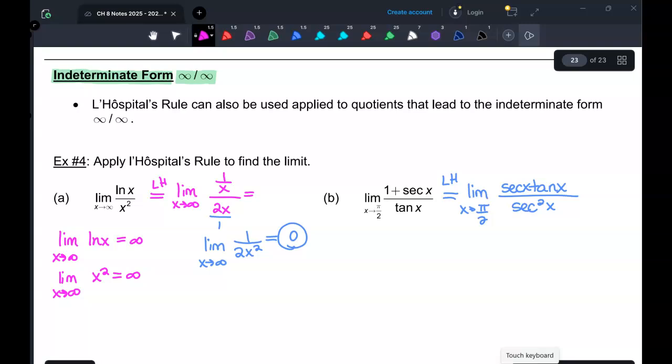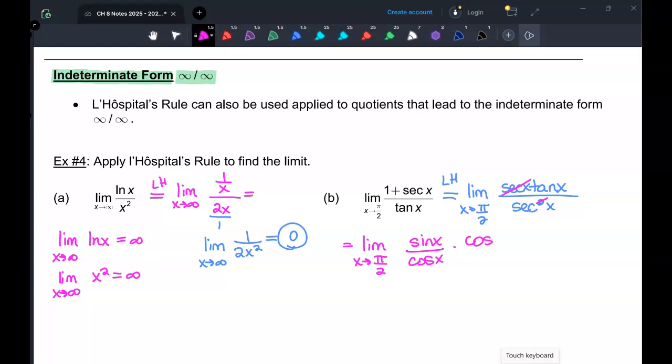Okay, I am going to simplify this so I can cross off a secant and make that limit as x approaches pi over 2. Now I'm going to see if this simplifies. So I'm going to rewrite tangent. Well, tangent is sine of x over cosine x. And secant is 1 over cosine x.